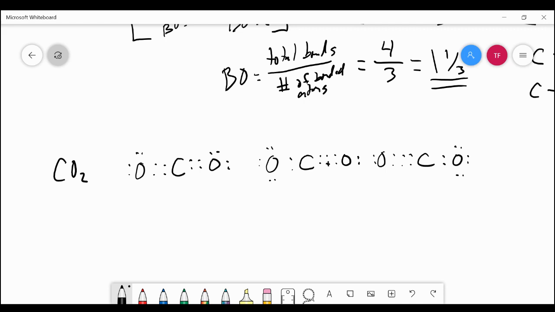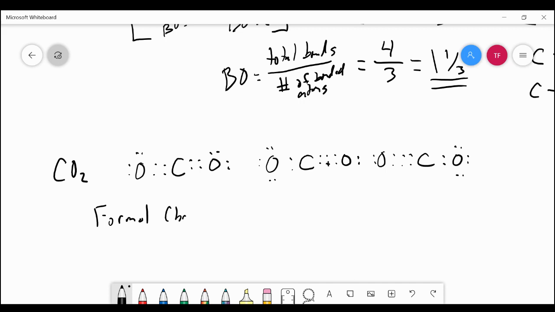And this is resonance because the electrons can shift around. But one of these structures is way more stable than the other structure. In other words, these are not equal structures when it comes to electron density. So what we're going to use is what's called formal charge.